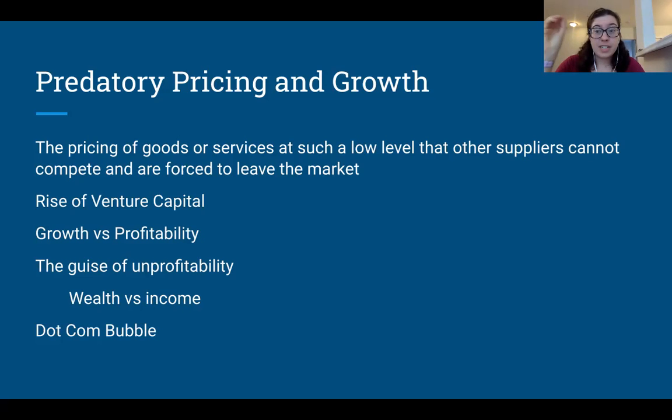Now, for their stock prices to continue to go up and up and up, as we've seen with companies such as Tesla, Uber, and Amazon, you don't need to turn a profit to be able to grow. What venture capitalists in the age of technology care more about is just growth, the idea of potential, getting that market share.